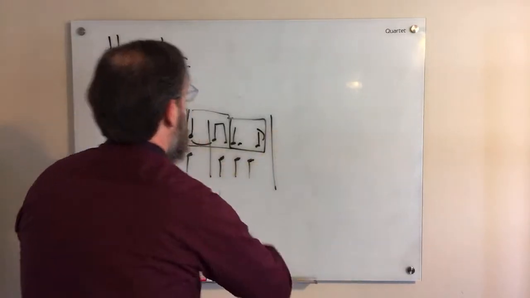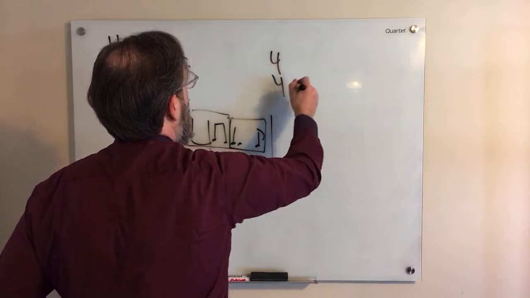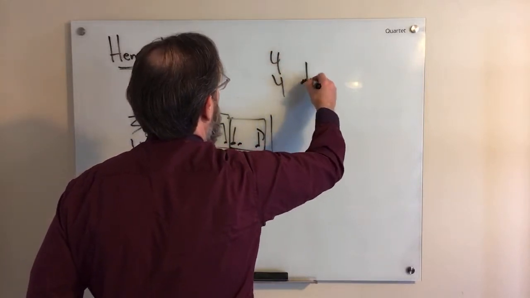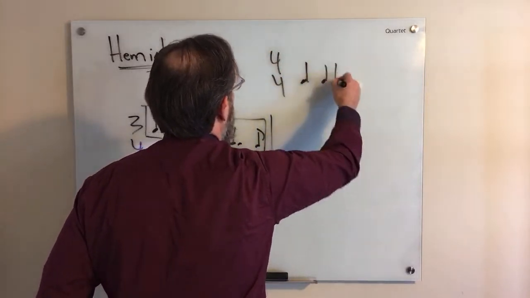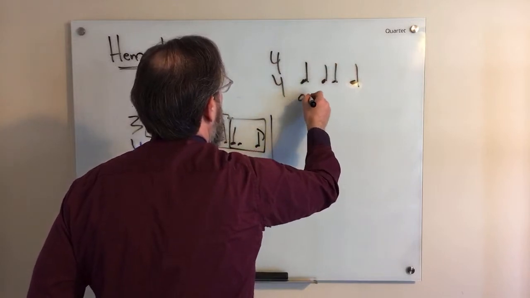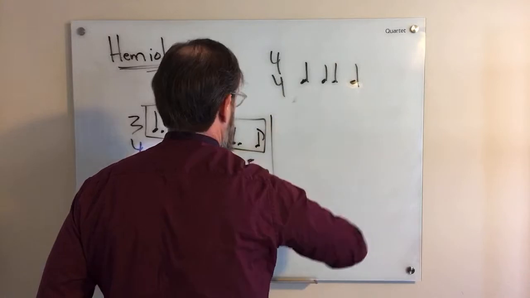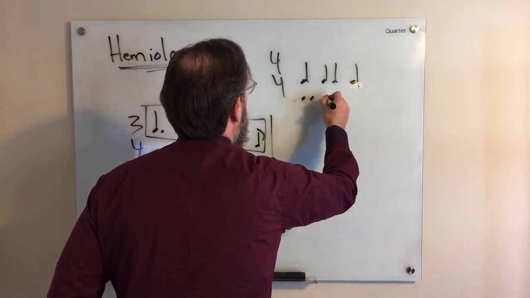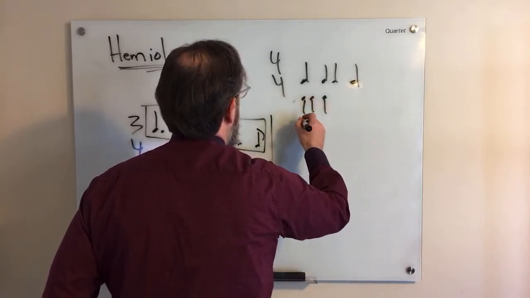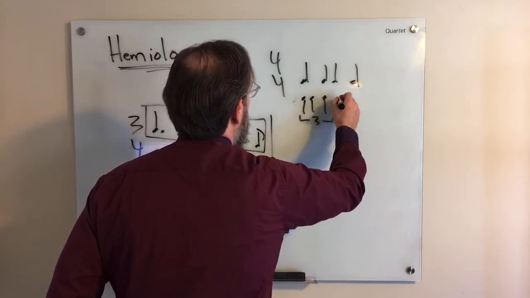Good. Let's take a look at 4/4. Let's not leave out 4/4 because it happens there too. Normally we have 1, 2, 3, 4. But what if we could have a bunch of dotted quarter notes? So we go, actually not dotted quarter notes, I'm sorry, quarter note triplets.